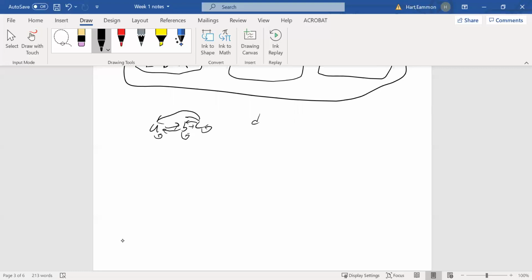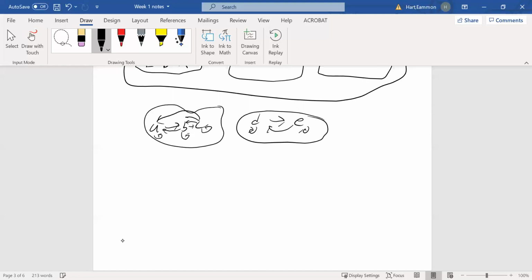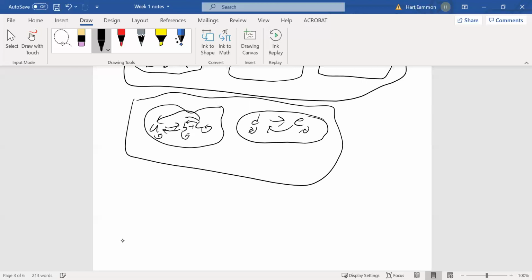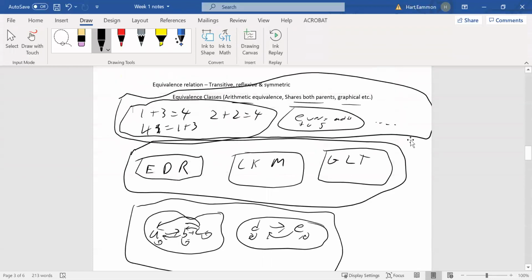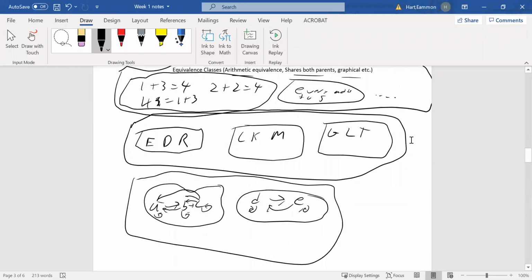And then we'll do D, E. These guys both have to relate to themselves. So this would also form an equivalence class. Equivalence classes might seem kind of ad hoc and thrown together, but equivalence classes do pop up a lot all over the place.